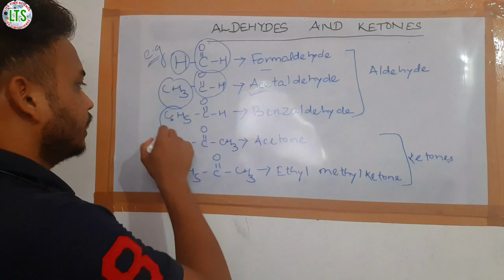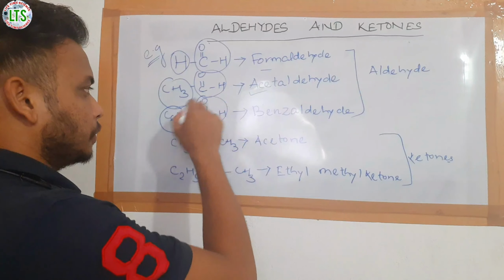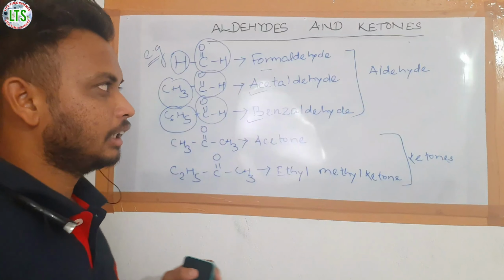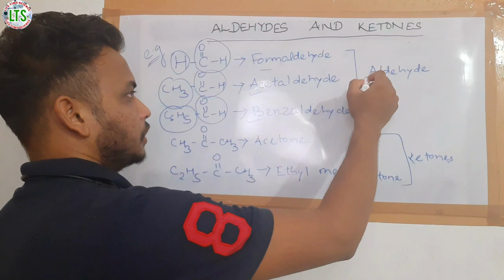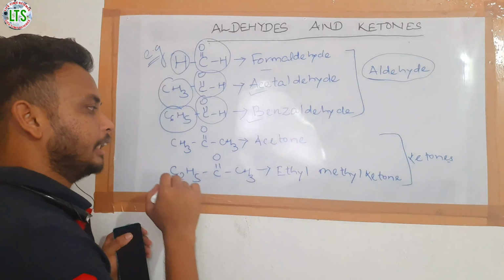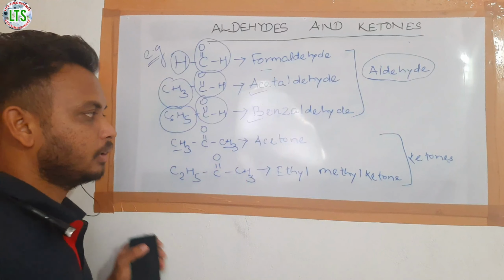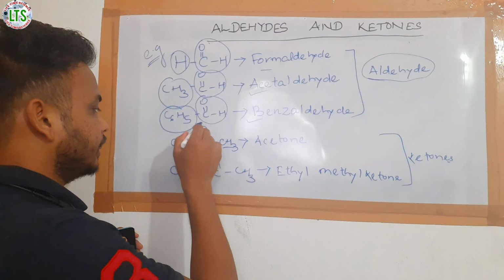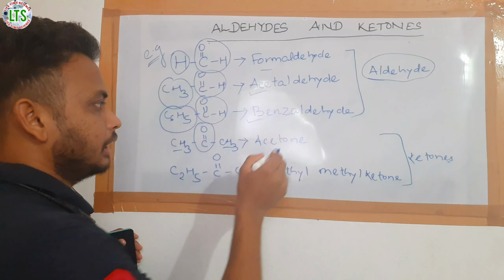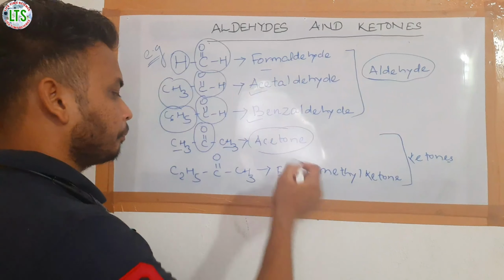If a C6H5 or phenyl group is attached to the CHO group, then it is called benzaldehyde. These are the examples of aldehydes. Next, examples of ketones: if two CH3 groups are attached to the CO group, then it is called acetone or dimethyl ketone.